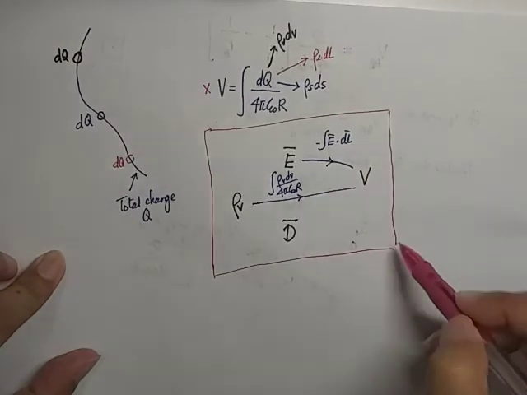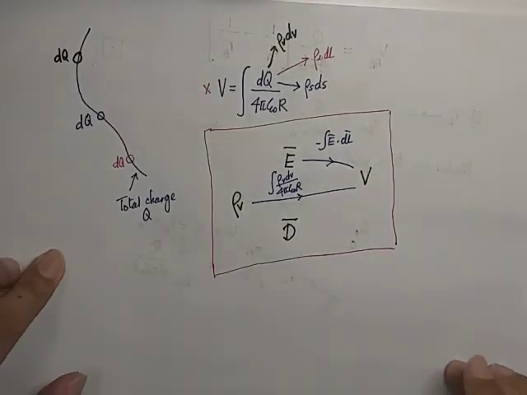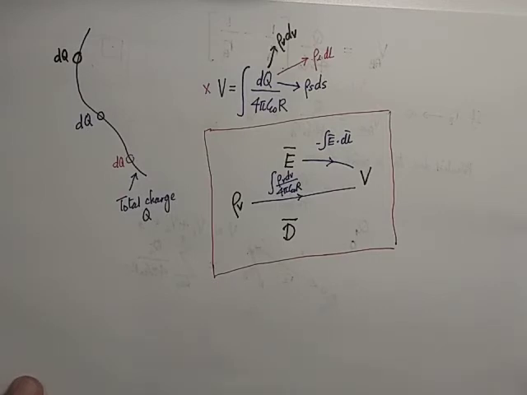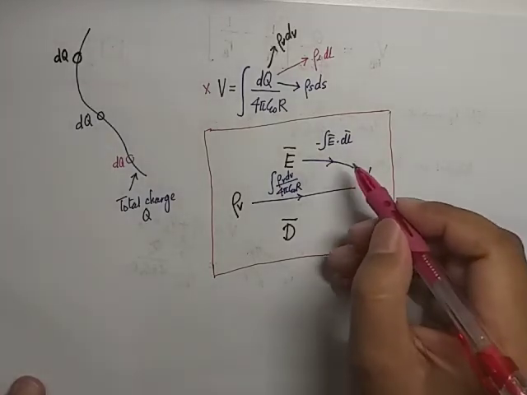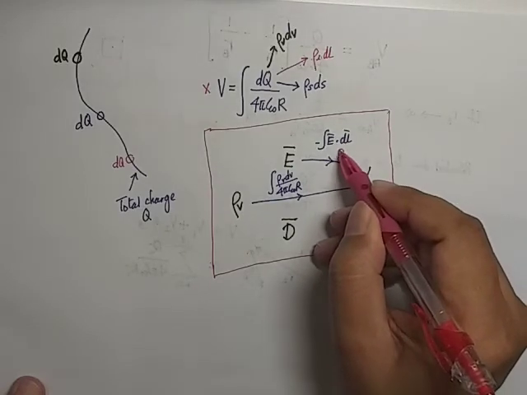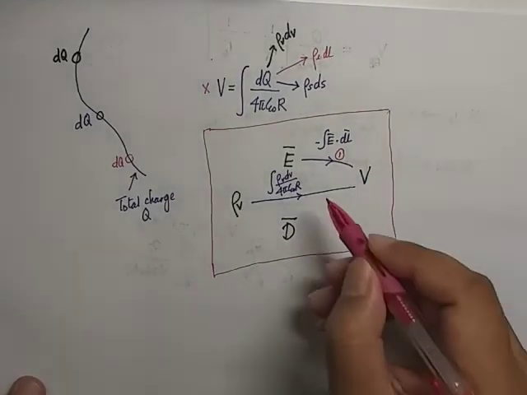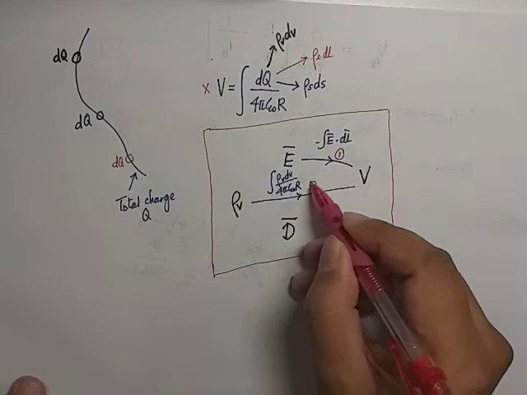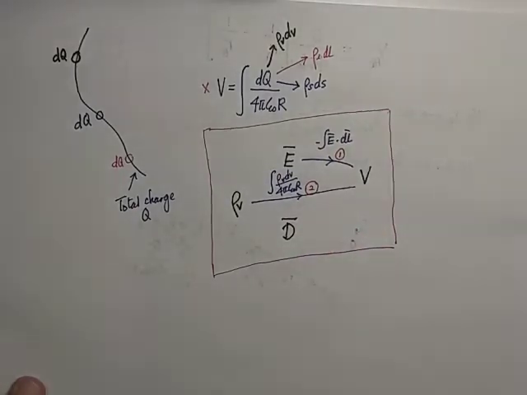Usually when I want to solve an EMT problem, I need to prepare my method because there are so many ways that we can use to solve the same problem. So I'm going to ask myself, am I going to use method number 1 or method number 2? That should be the first thing I ask myself.